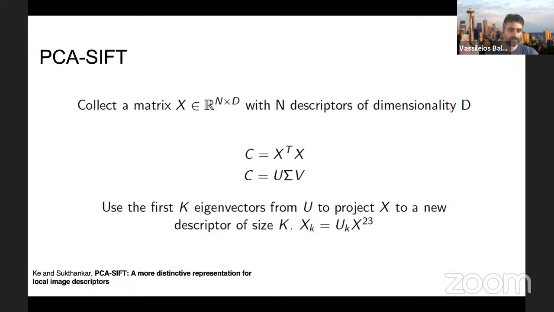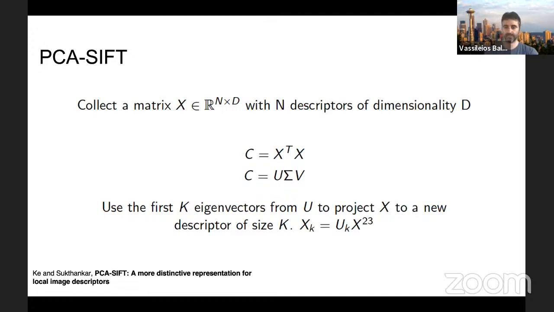And one such case, again, that builds on top of SIFT to do something else is PCA-SIFT. So the idea is, again, quite simple if someone knows how PCA works. You have your SIFT descriptors, and then you want to reduce their dimensions from 128 to something lower, for example, 20 or 30.